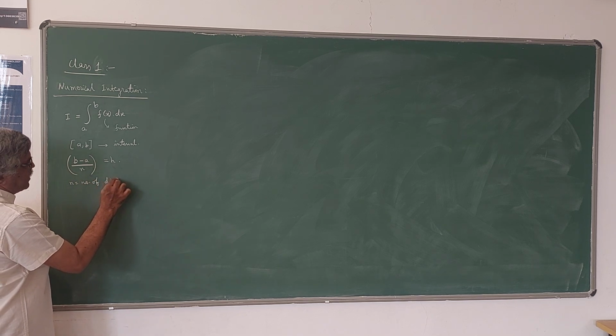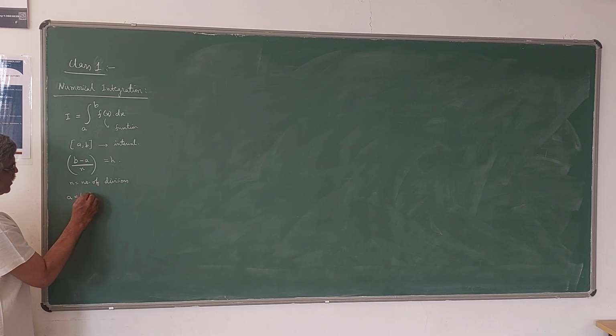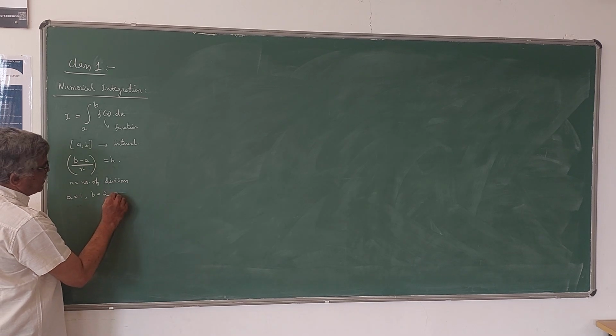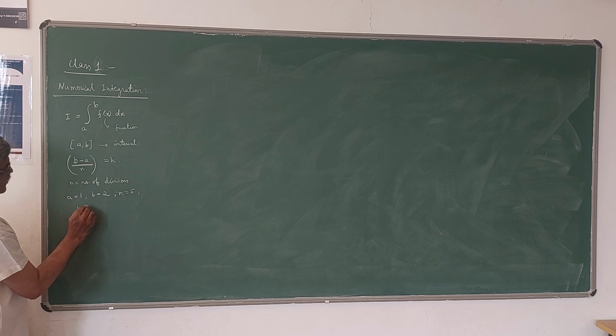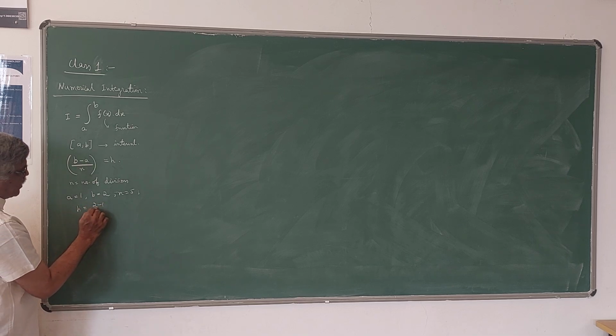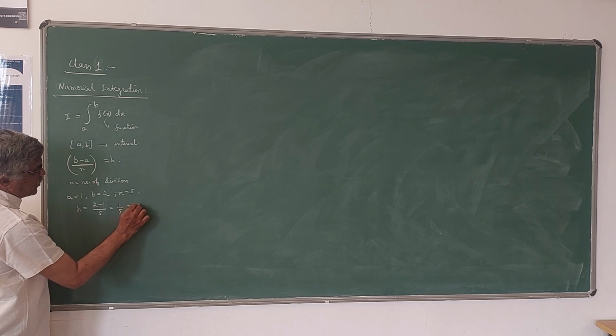For example, I give an example here. Suppose you take a is equal to 1, b is equal to 2, and n is equal to 5. Then h will be b minus a, that is 2 minus 1, divided by 5, which is 1 by 5, which is 0.2.